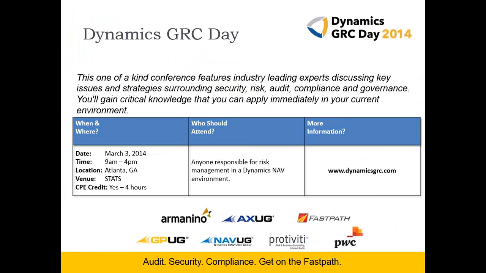So the goal is to go from, hey, we just went public and now all of a sudden I have to learn about Sarbanes-Oxley and implement this at my organization, to you have a usable system. So again, that's in Atlanta. We are offering CPE credits this year, but we're real excited to be able to do that presentation. And again, it's for anyone using Dynamics. It's a little bit like the session today.